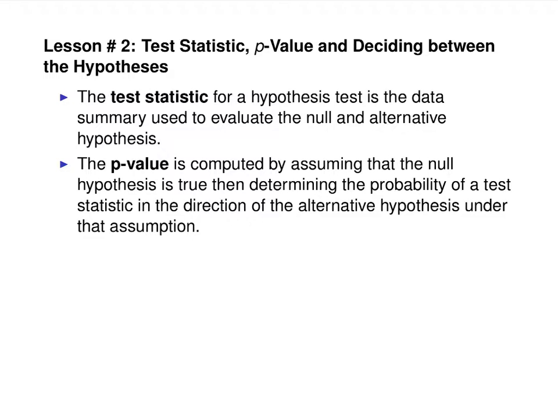Okay, so the test statistic, the p-value, and deciding between these two hypotheses. The test statistic for a hypothesis test is the data summary used to evaluate the null and alternative hypotheses. Back when we did chapter 4, our test statistic was this chi-square thing. Remember that? When the chi-squared was big enough, you got to reject your null hypothesis.